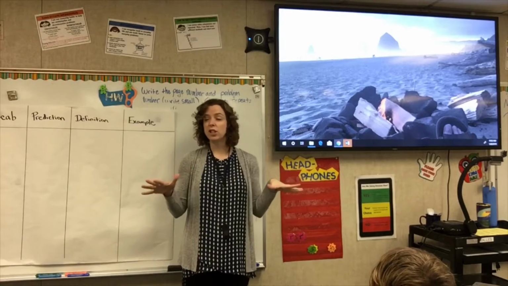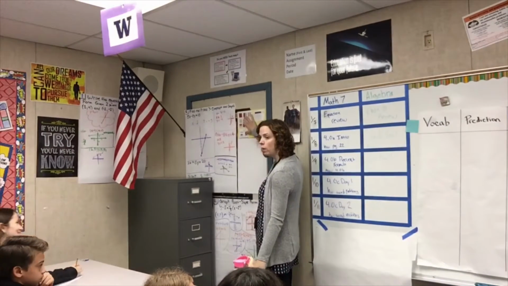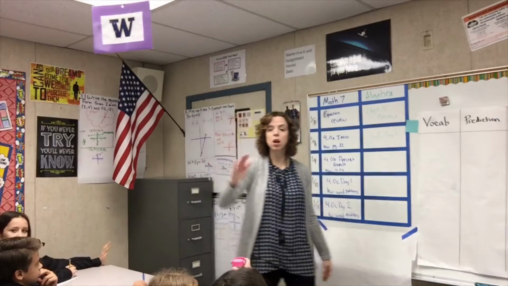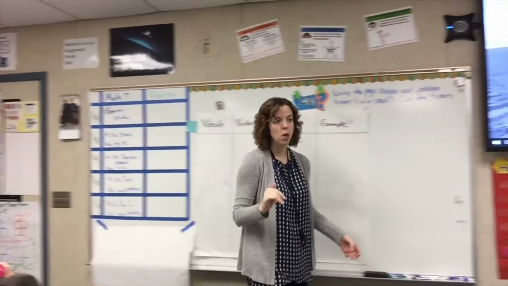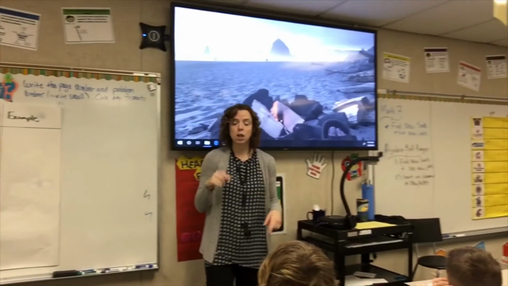Okay, so we're going to move on now. Like I said, we're going to be doing a unit on ratios and percents. If you'll notice around the room, there are yellow pieces of paper with pictures on them and then white paper underneath. These are called observation charts.